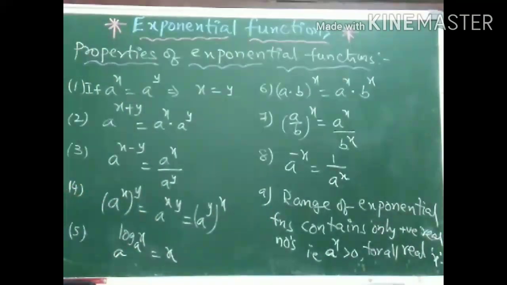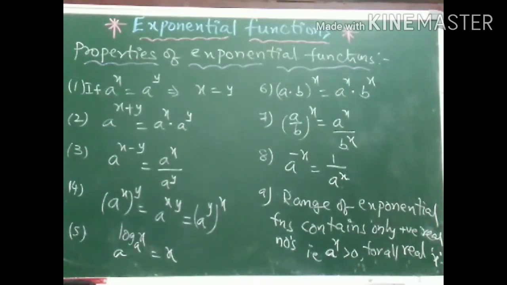Just now we discussed it while plotting the graph. The outputs are positive whatever value of x we consider. We considered x as 0 followed by 1, 2, 3 positive numbers, even minus 1, minus 2, minus 3. Finally we got y values, that is outputs, that are strictly positive. When x is equal to 0, it is 1. When x is equal to 1, it is 2 to the power of 1, which is 2.